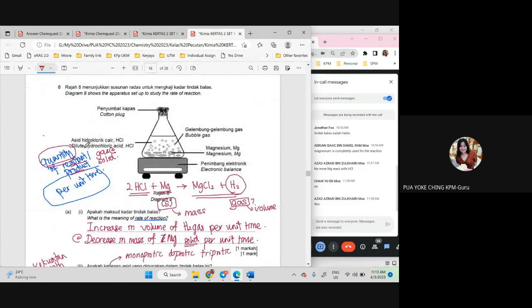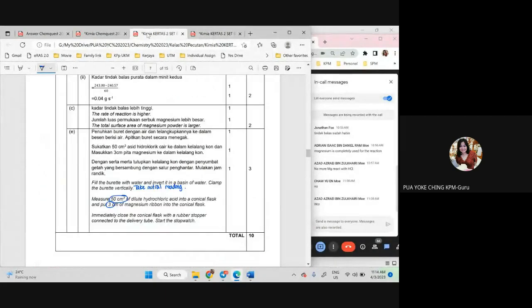Acid hydrochloric cair. So you pakai je yang dia bagi. But if this question is the one who you design, kamu yang design, jangan pakai dilute, you must write your concentration. Pakailah 1 mol ke, 0.5 mol ke, okay? Must be have volume and concentration.